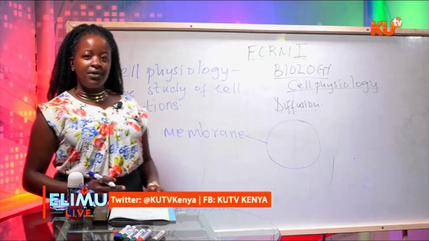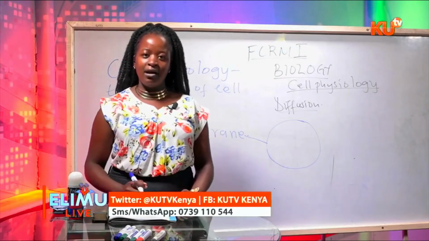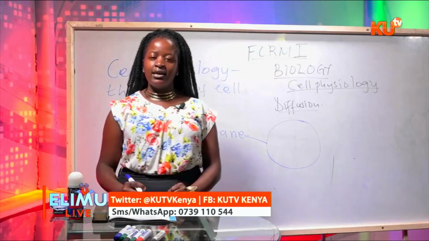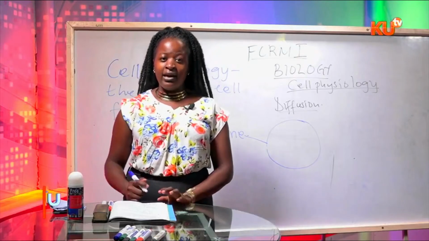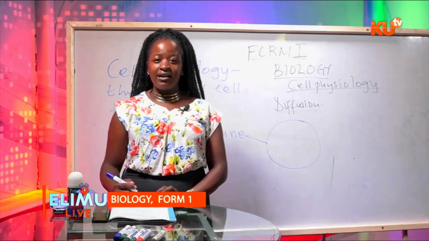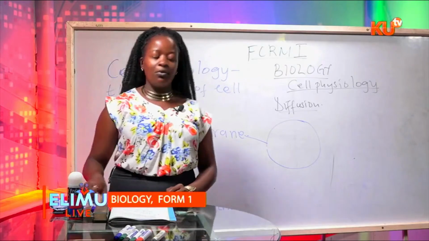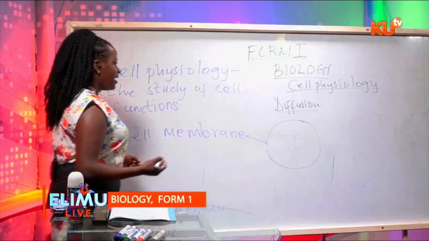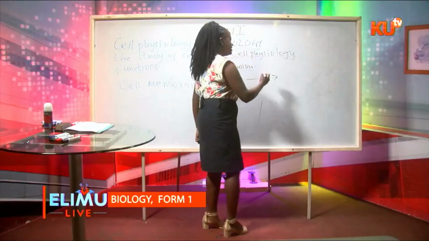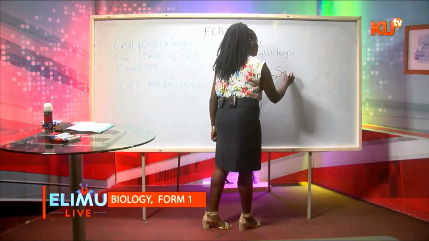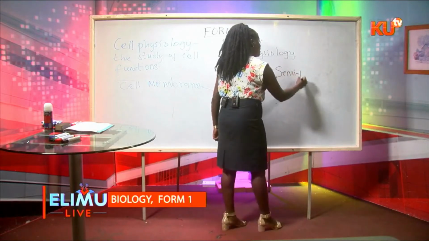The cell membrane has various properties. These properties are also called characteristics, and it has three main characteristics, which I'm going to list down. The first characteristic of the cell membrane is that it is semi-permeable.